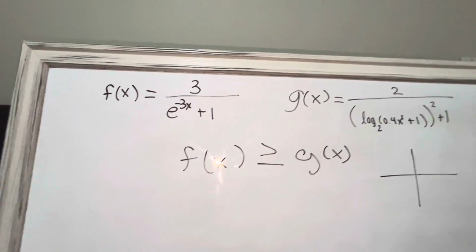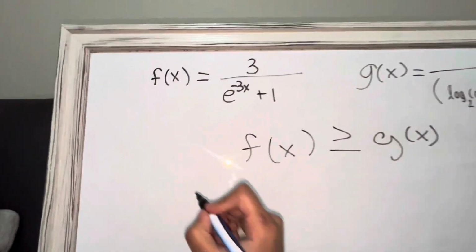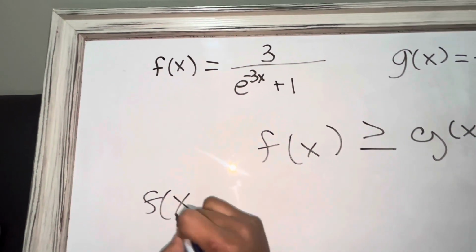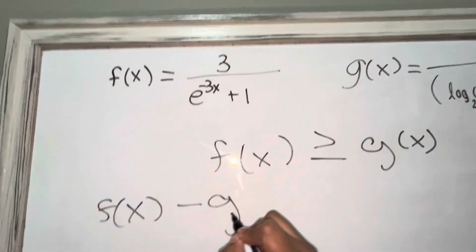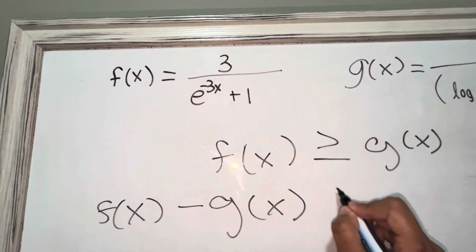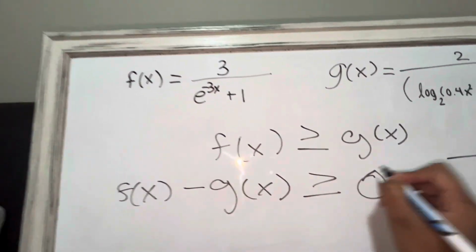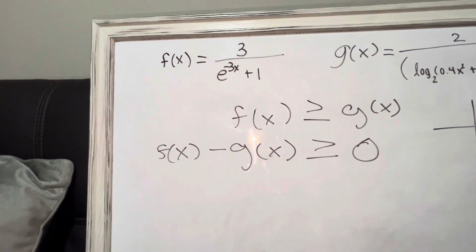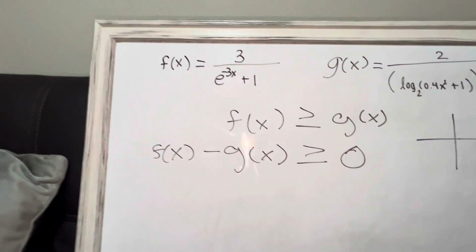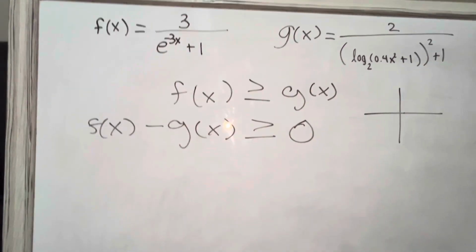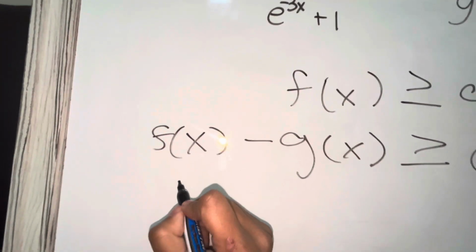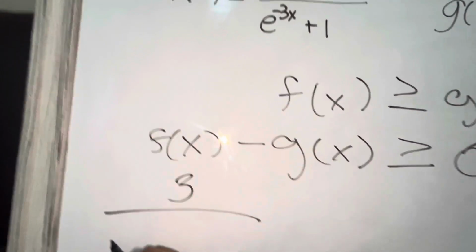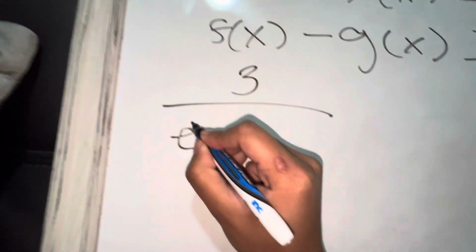Let's do it by putting all of this on one side. So we're going to do f of x minus g of x is greater than or equal to 0. That way we know when both of them will pass through the x-axis. So let's put in the equations so that we know how it will be set up.